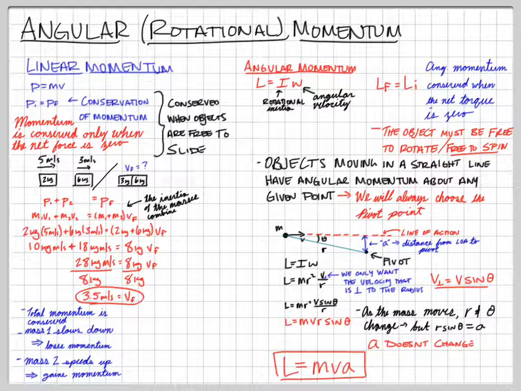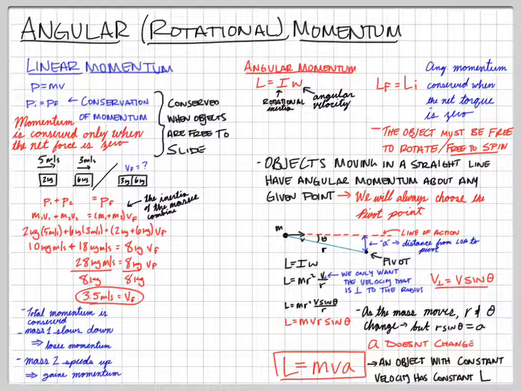An object moving with constant velocity does not have a torque acting on it, so its angular momentum has to be the same. So an object with constant velocity has constant angular momentum. Constant L.